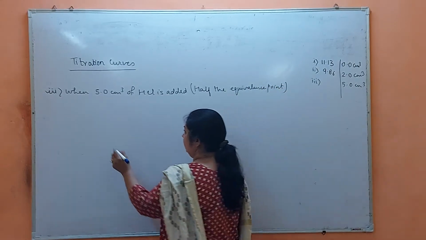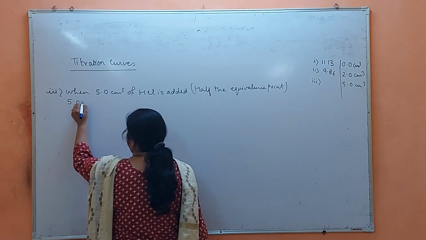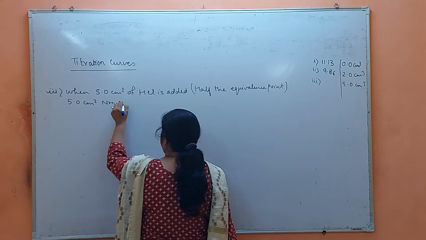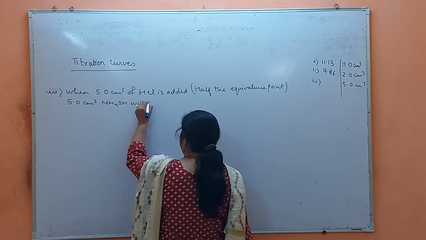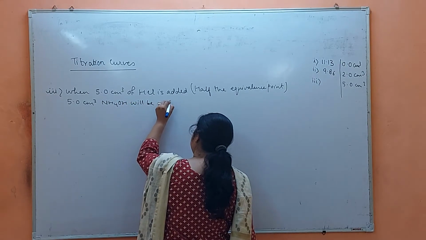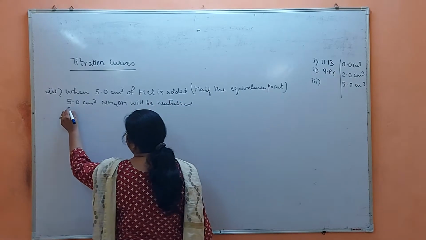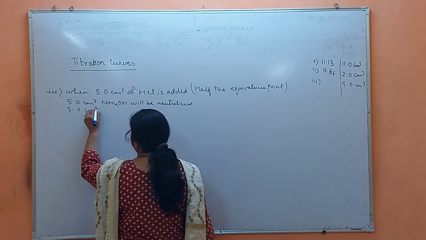So try to understand. 5 cm cube of NH4OH will be neutralized. 5 cm cube of NH4OH will remain.